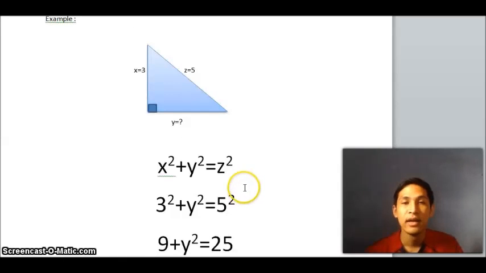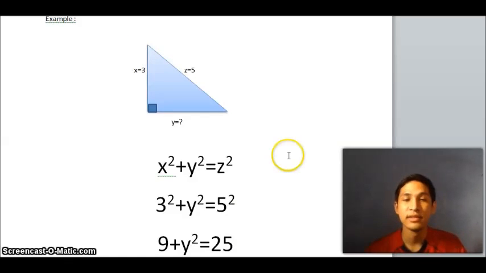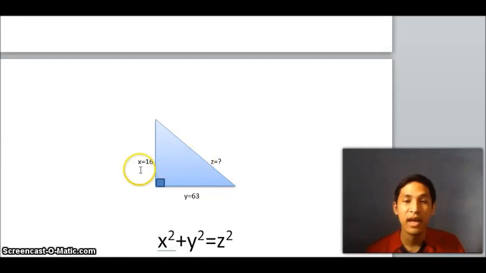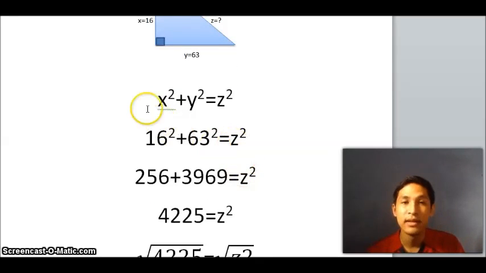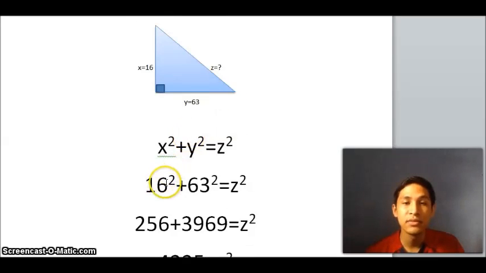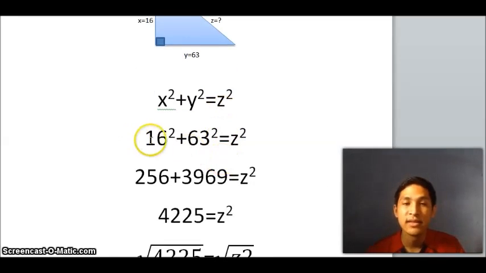Now, this question is for a small number. Let's look at the next question for a big number. We have x equal to 16, y equal to 63, and we have to find the hypotenuse z. Apply the earlier formula, x square plus y square equal to z square, where x is equal to 16, y is 63, and z, the hypotenuse, we have to look for. 16 square is equal to 256, and 63 square is equal to 3969.